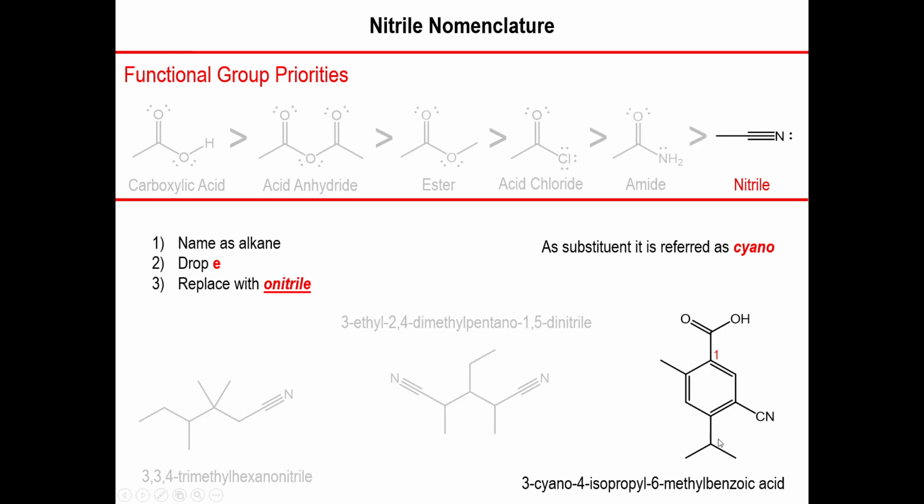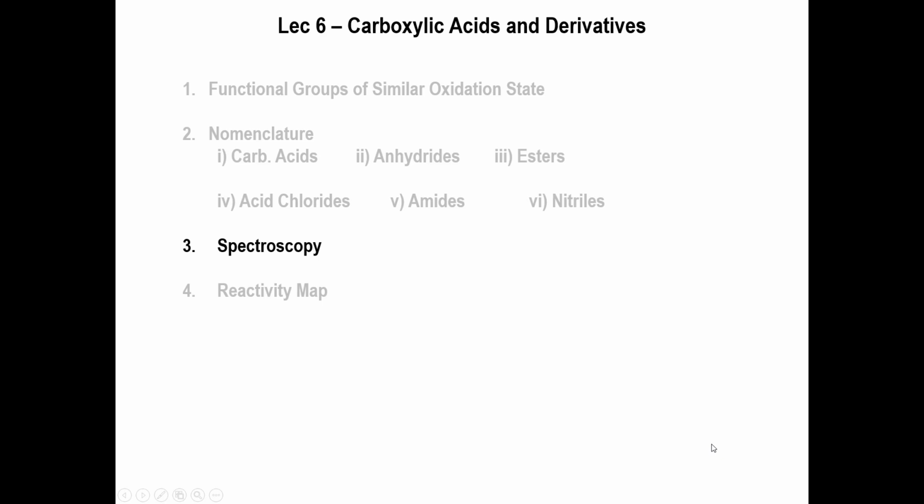All right, so that basically concludes all the nomenclature. And granted, there is a lot, because we have 6 functional groups in total that we're talking about and looking at for the first time. So be sure to practice naming some of these molecules and practicing how to go from the name to the structure.